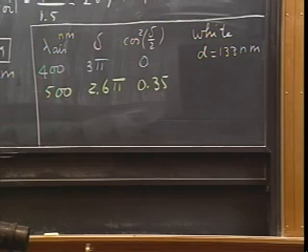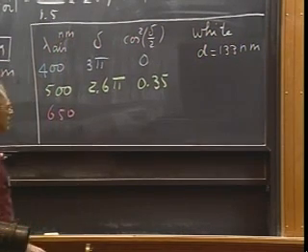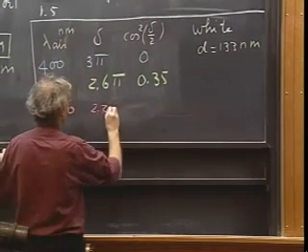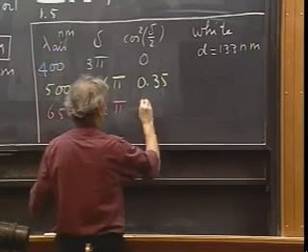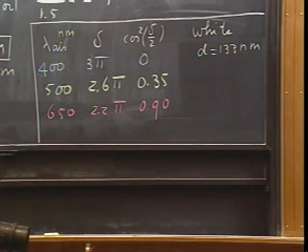But now I go to red, and I do 650 nanometers. And now I calculate what delta is, and I find 2.2 pi. Now I get 0.90. Now I am very close to a maximum.